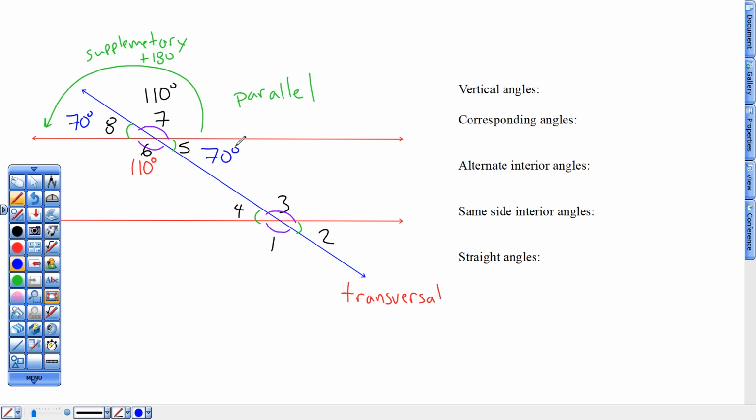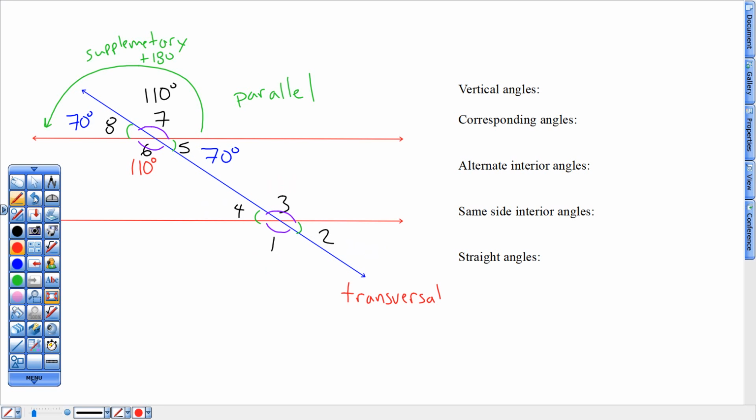And if that's 70, then this one right here is 70. And if that's 70, this is 70. And of course, if this is 70, the one right next to it would have to be what it takes to get 180. This angle would be 110. This angle right across from it, 110.